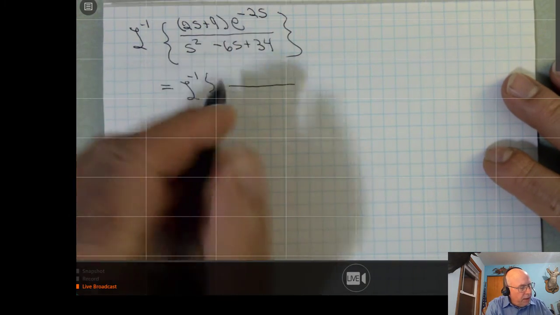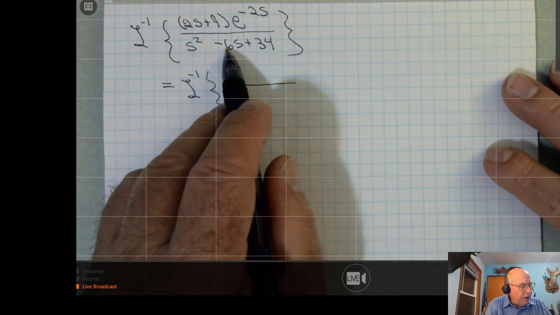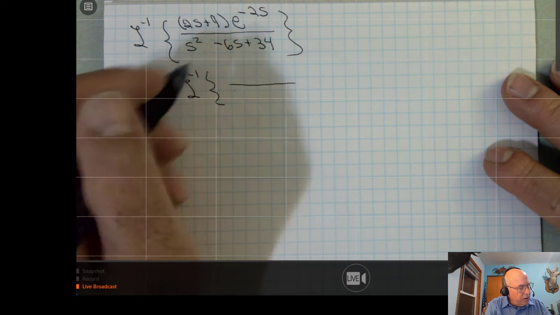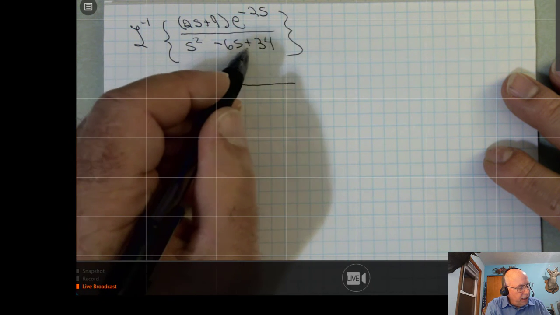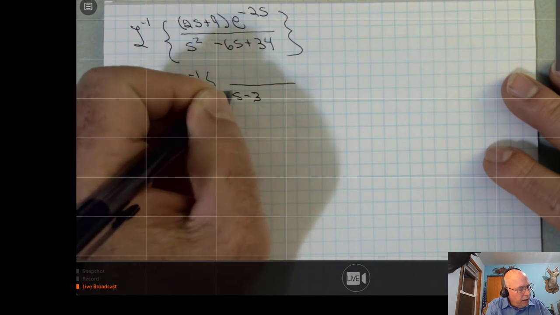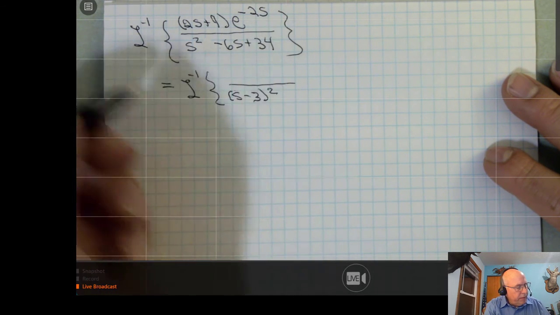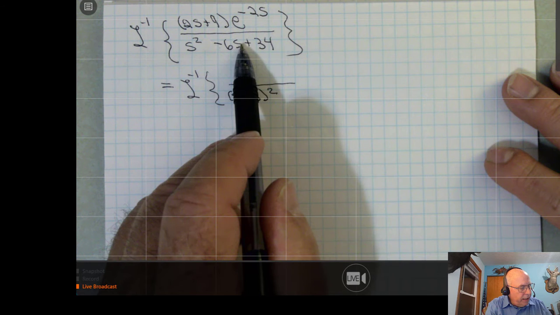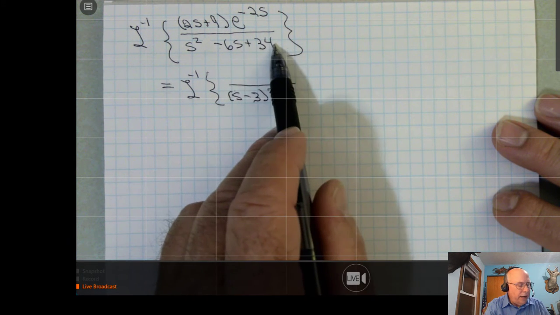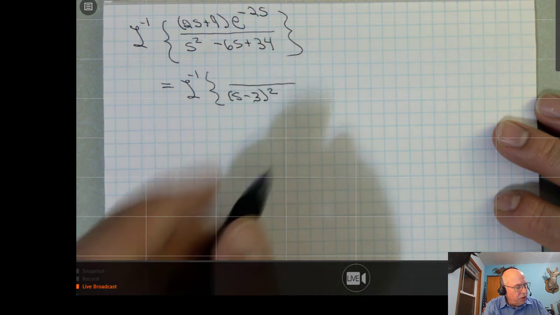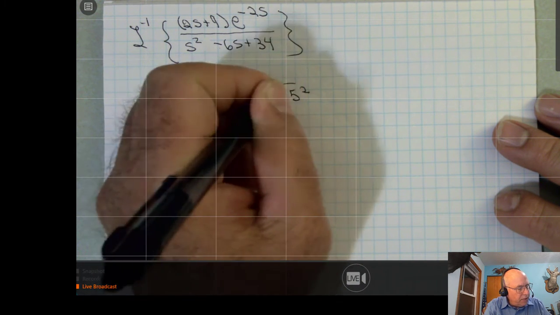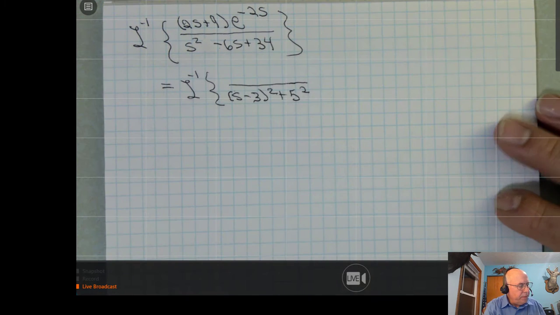Okay, so minus 6 divided by 2 is minus 3. Square that, you get 9. So s squared minus 6s plus 9, that's s minus 3 squared. Now, I had to add 9 to get there, so I need to subtract a 9 on this. 34 minus 9 is 25, which is 5 squared. So we got a sum of squares down on the bottom.